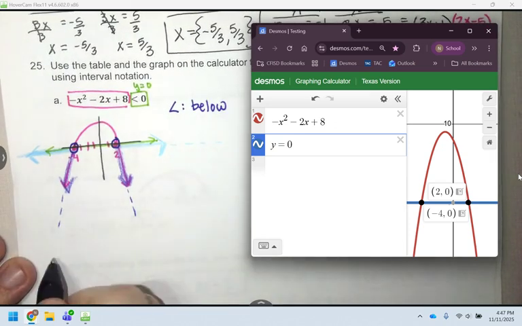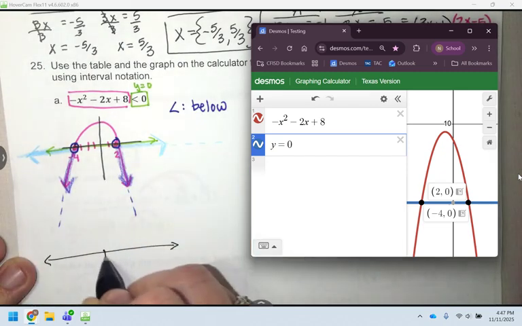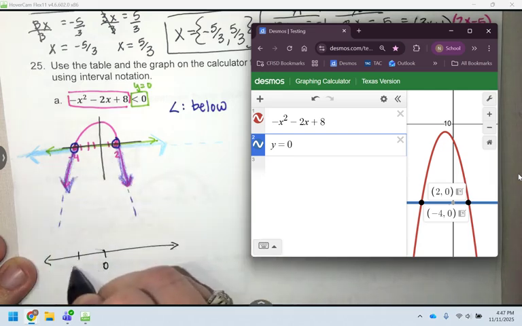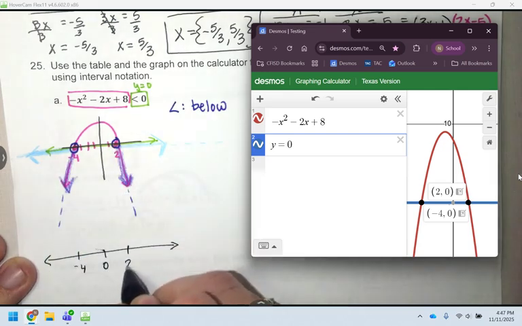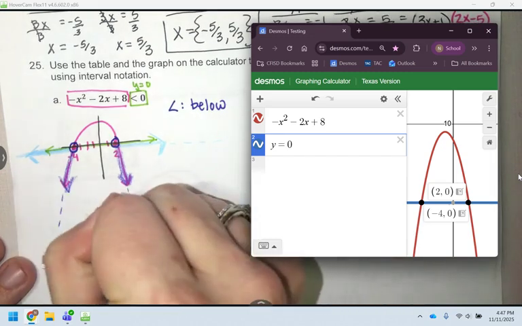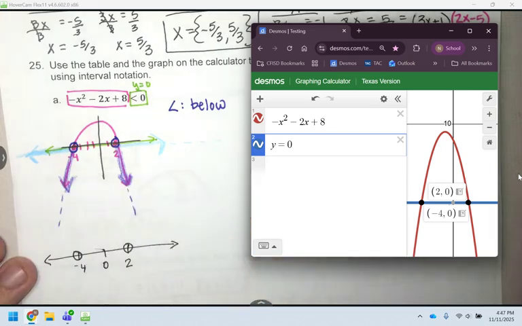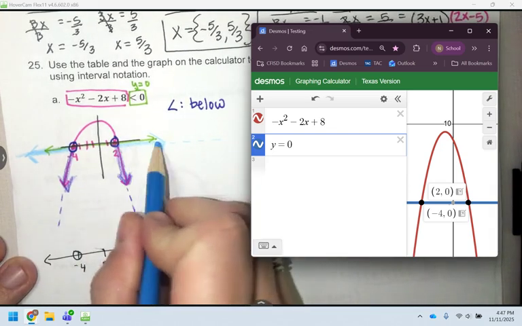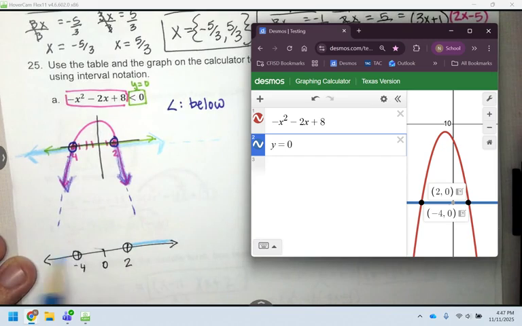It may help if you recreate this just on an x-axis. 0, we got -4 here, we got 2 here. They are open circles. And it shades this direction.